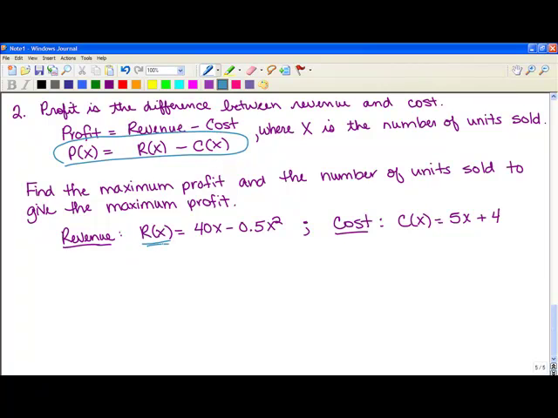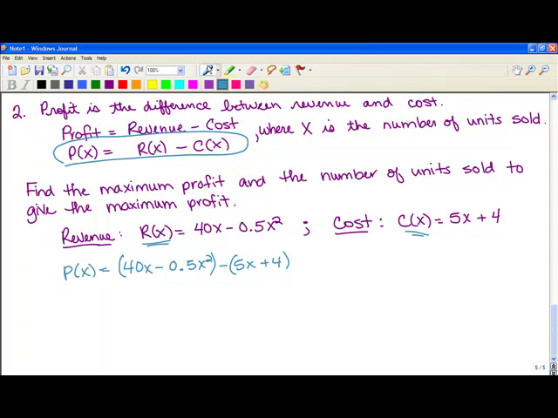So we have the revenue function and we have the cost function. We'll need to subtract them. So the equation would be P of X. I'll plug in the revenue function, and then minus the cost function, 5x plus 4.